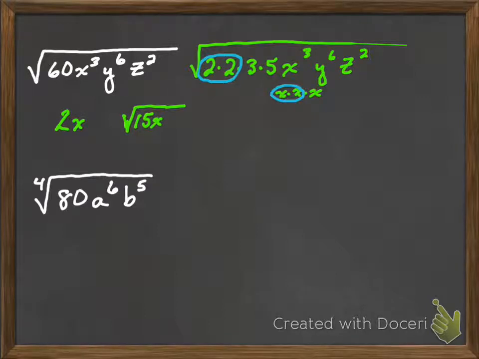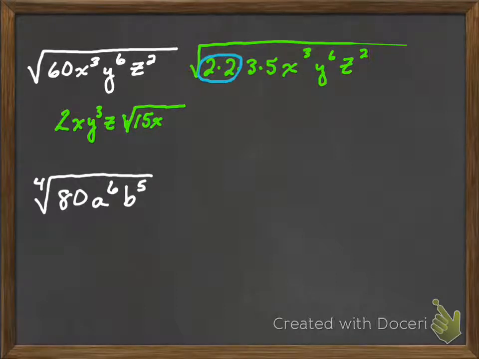Now if you think about the y's, y to the 6th power is 3 pairs of y's. So all of those will come out because they all get grouped together, and that will become y to the 3rd outside the radical. And the z squared is z times z, that's 1 pair. So you have a z outside, nothing left inside.